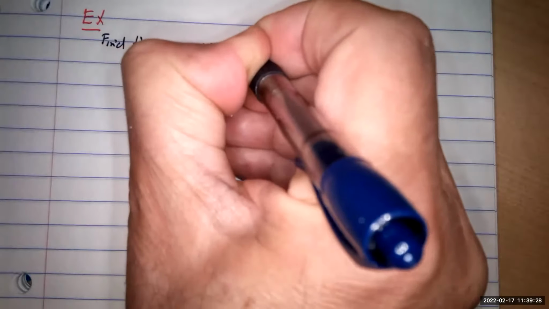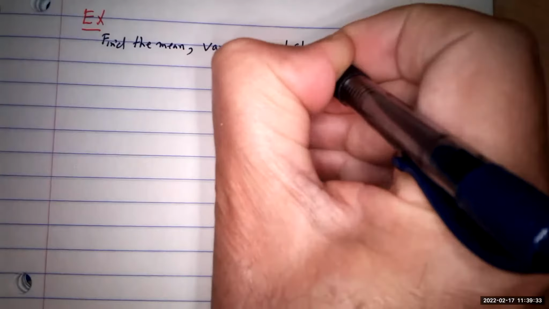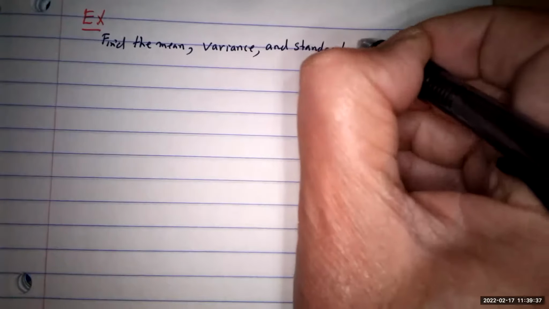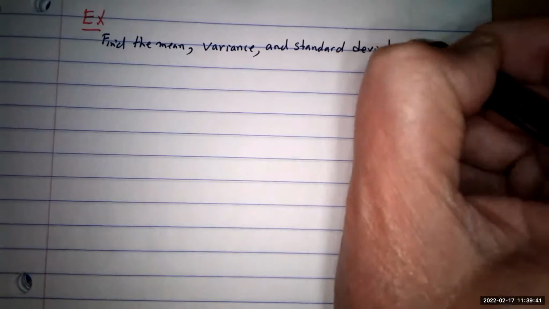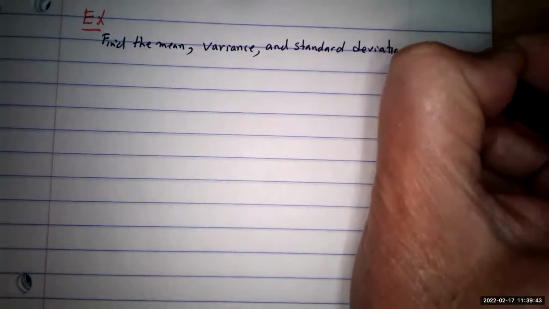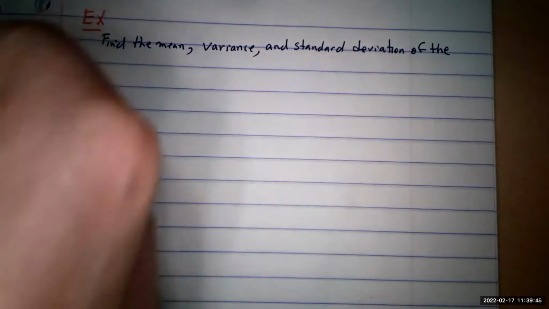So I would like you to find the mean, variance, and standard deviation of the following frequency distribution table.